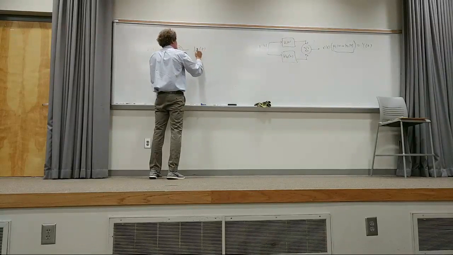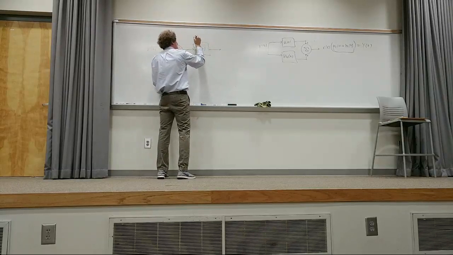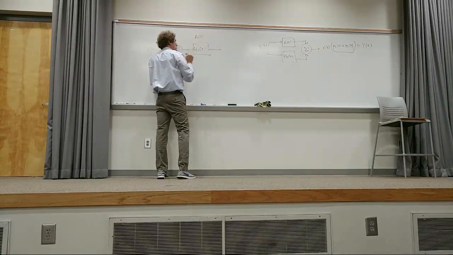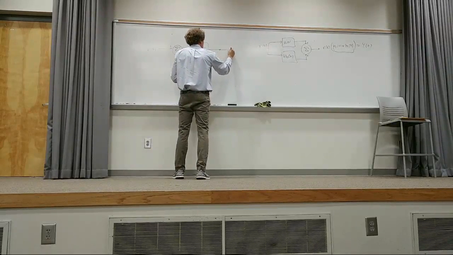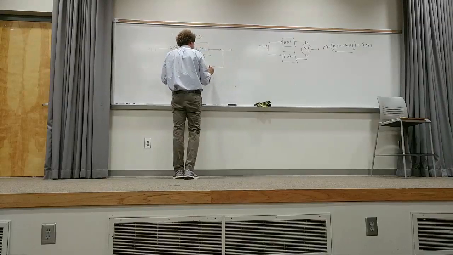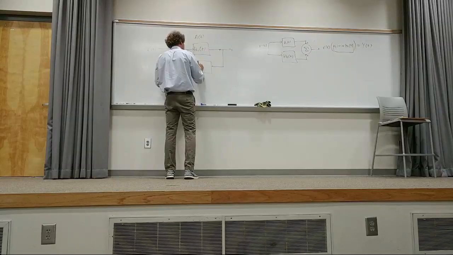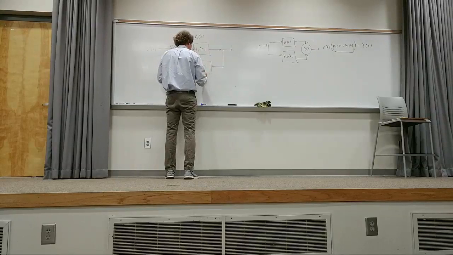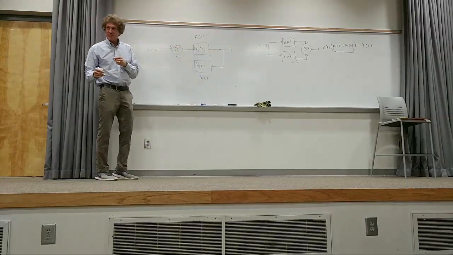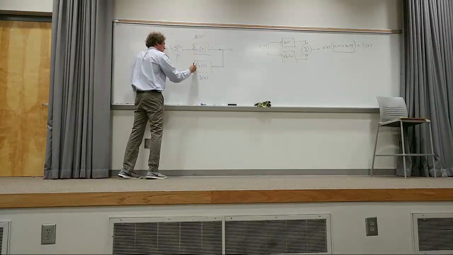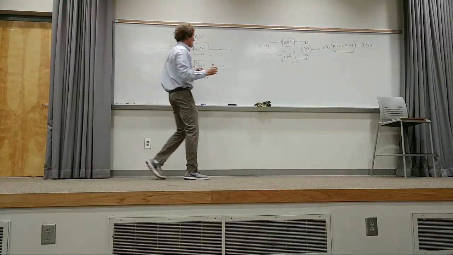I'm going to leave it as H1 of z here. This is an amplification factor. A lot of times it's just A of z, but I'm leaving it as H1. Then a portion of the output is going to be fed back to the input through negative feedback, and this is going to be H2 of z. Oftentimes it's labeled B or beta of z. It's a feedback portion of signal, fed back negatively. And this output is Y of z.